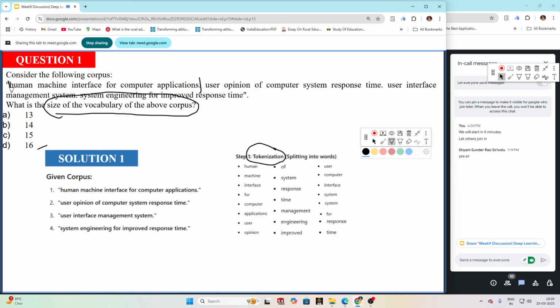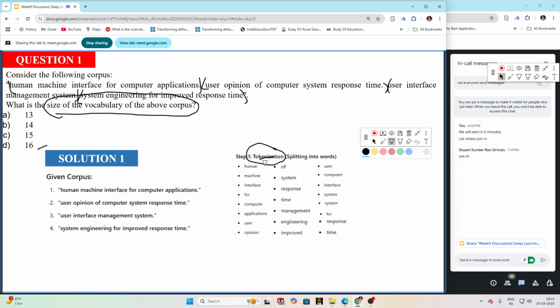We do the tokenization: human machine interface for computer application, user opinion of computer system response time, user interface management system, system engineering for improved response time.